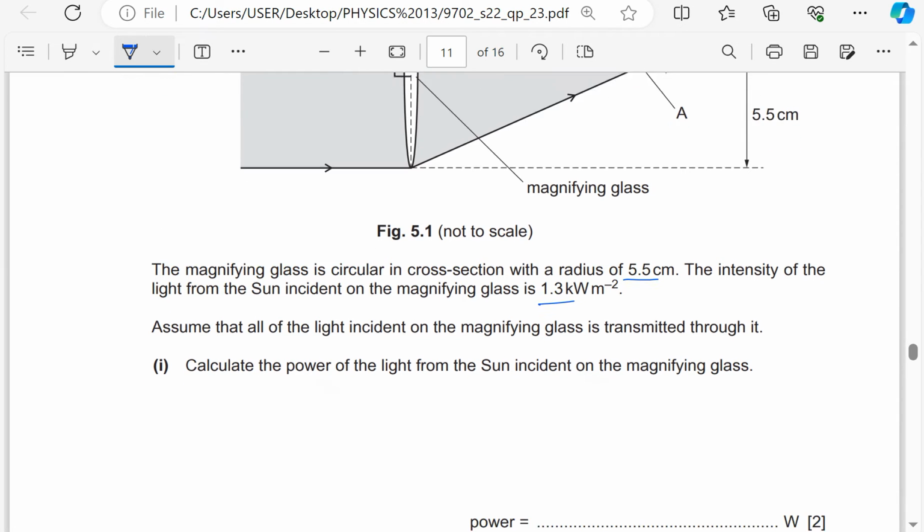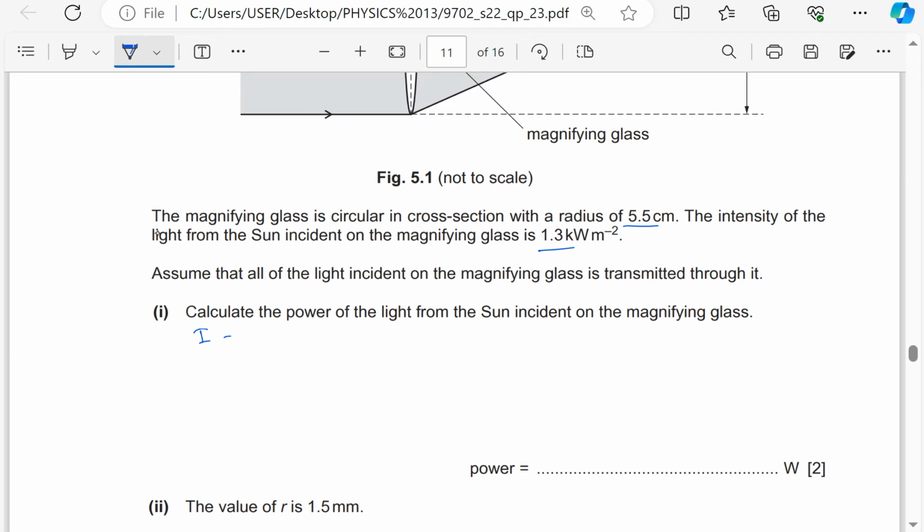Power. So we know that intensity equals power over area, which means the power is going to be intensity times the area. So the intensity is 1.3 kilo, that is times 10 to the power of 3. Then the area, we have the radius, so area is going to be pi r squared.